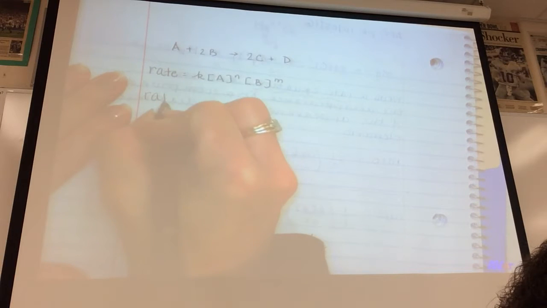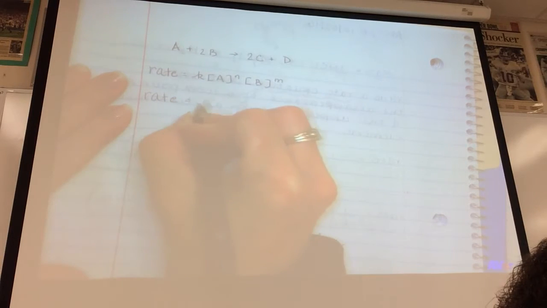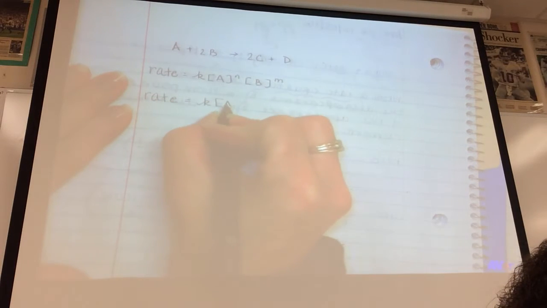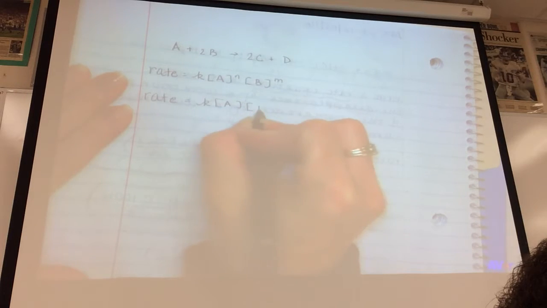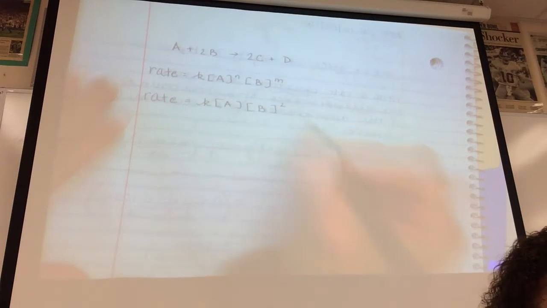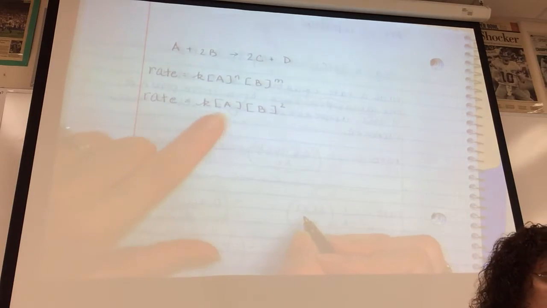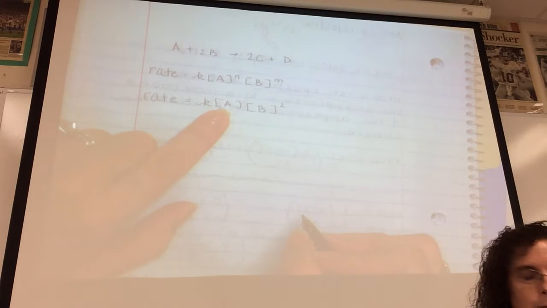So if you have rate is equal to K, A, B squared, what's the order with respect to A? 1.